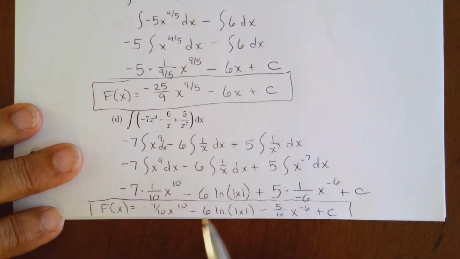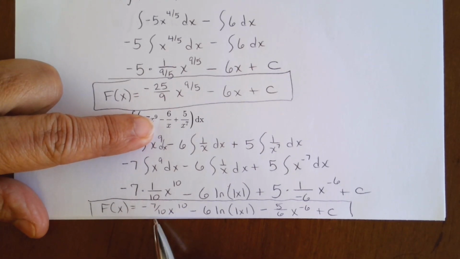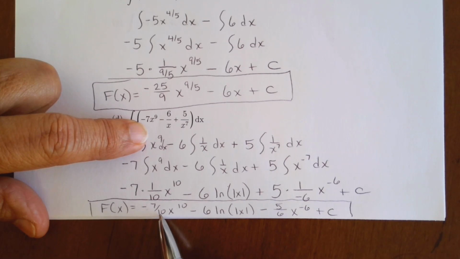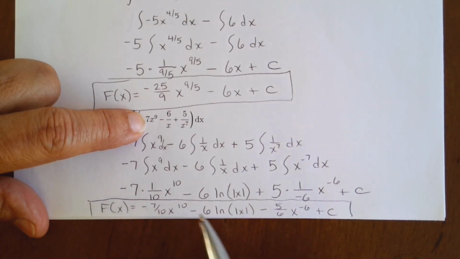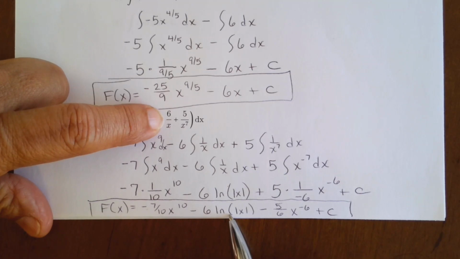It's not too bad. So again, if you want to make sure, if you multiply 10 times negative 7/10, that gives you negative 7, and then subtract 1, x to the 9. Negative 7 x to the 9. The derivative of natural log of x is 1 over x, so the derivative of this would be 6 over x.